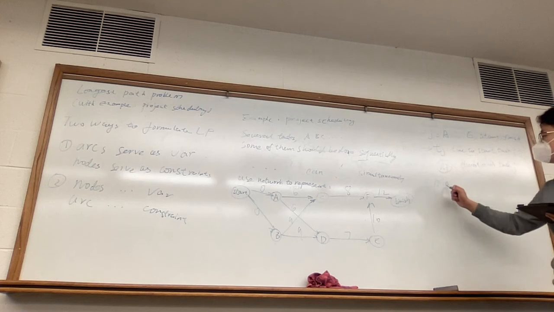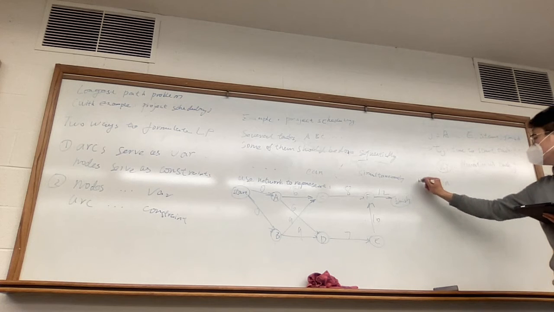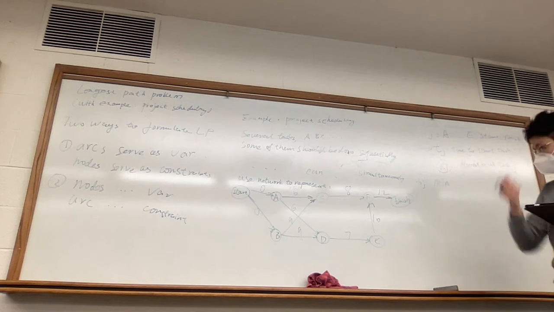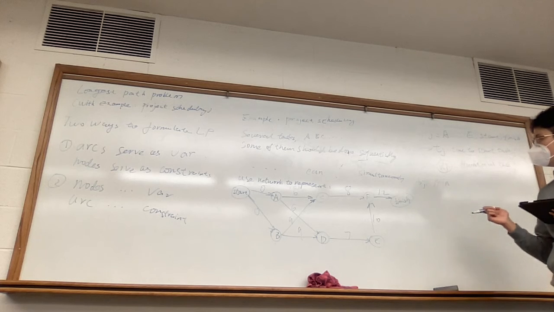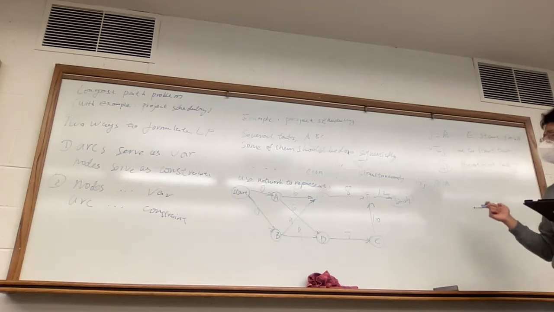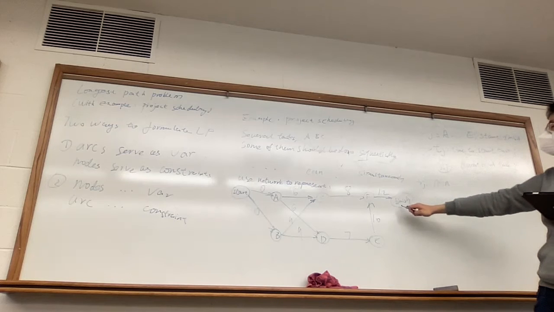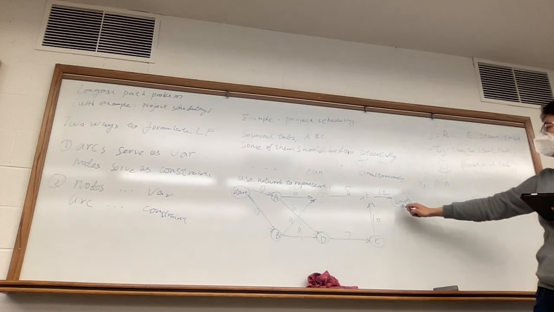So what is the objective function? We want to minimize what? Remember J, we have A, B, C, D, E, start, finish, and Tj means the time to start task J. For start and finish, it means the time to start and the time to finish.